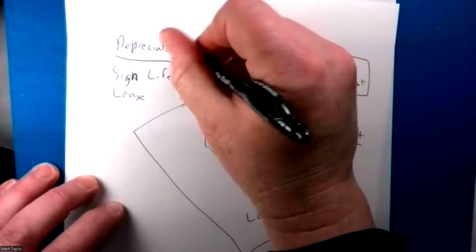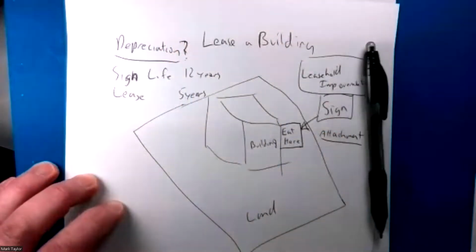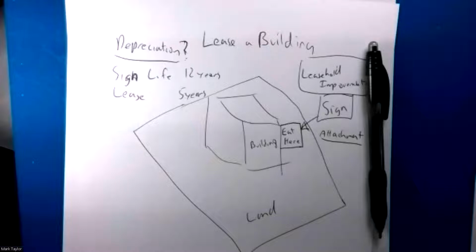Do we depreciate it over 12 years or 5 years? So the sign has a life of 12 years, the lease is for 5 years. Exactly, the shorter of the two. So whichever is shorter, the life or the lease.